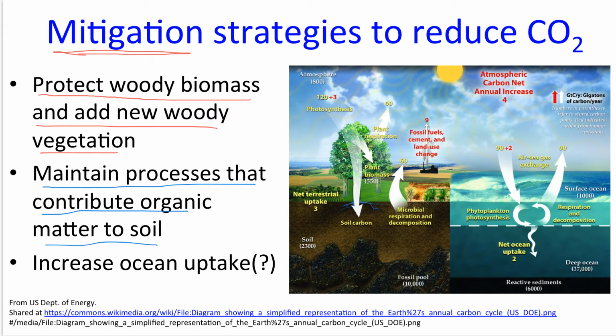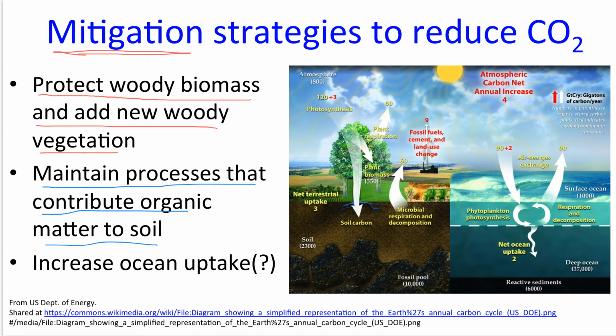A second way we can do this is by thinking about what we do with the leftover remains on agricultural fields. Do we burn it? Like, do we burn the corn stalks that are left over? Or do we collect it and try to figure out other ways that we can slow the carbon release?